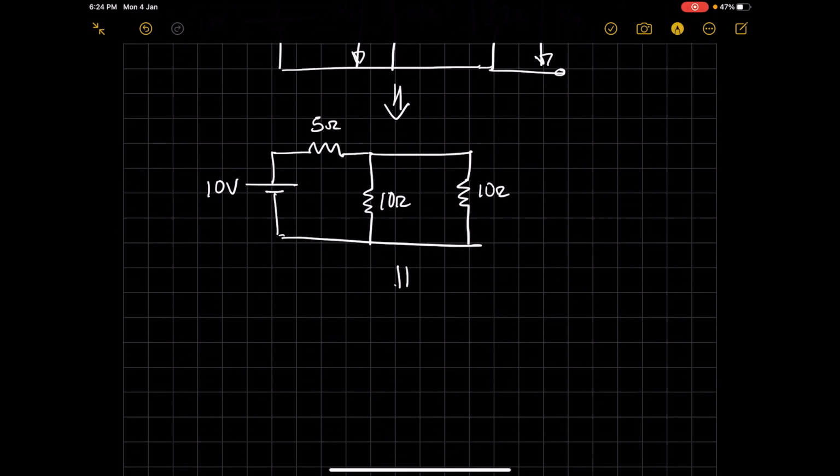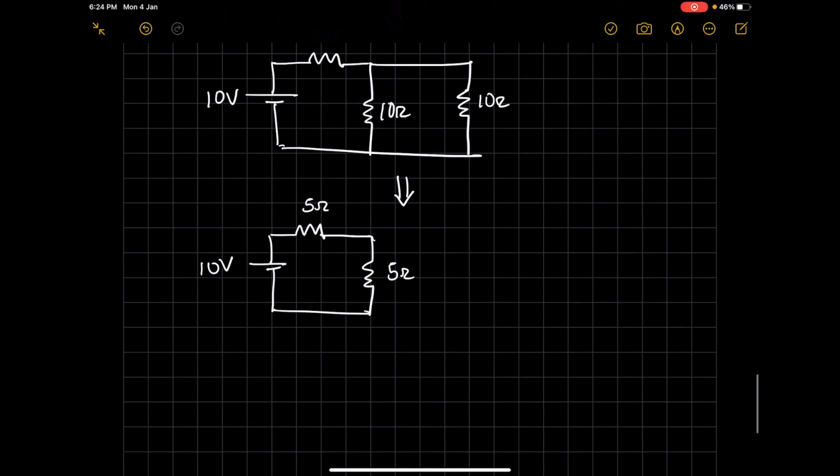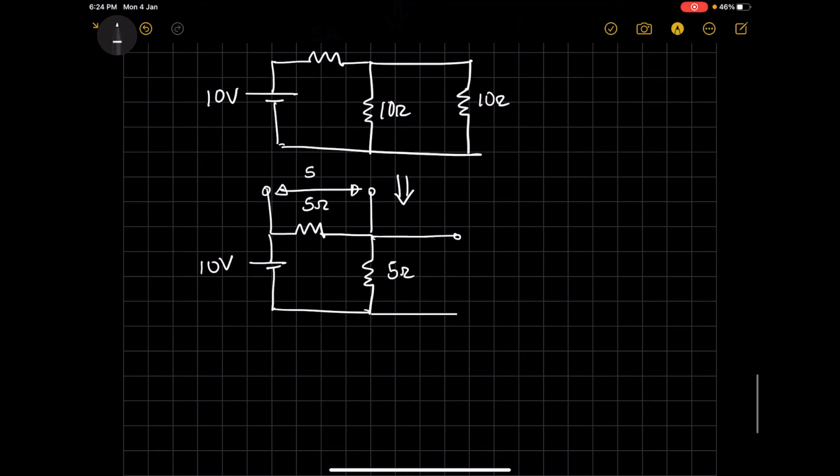And this is same as our previous question, so I'll just write down the answers directly. So this will be 5 ohm, and since they are in parallel, this will also turn out to be 5 ohm. This will turn out to be 10 volt, and the voltage across the 5 ohm resistance will be 5 volt, and the voltage across these two nodes will be 5 volt.